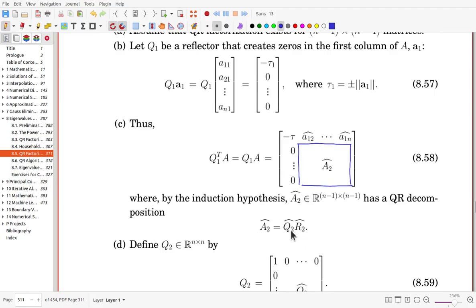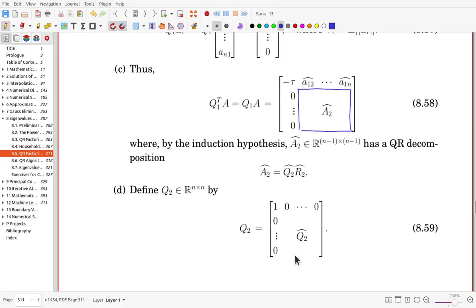Q2 hat is an orthogonal matrix, and R2 hat is an upper triangular matrix, right? Now Q1 has n dimensions, but Q2 hat has n-1 dimensions. So to match Q1 and Q2, we need dimension expansion from Q2 hat. So we add here 1, zeros, and zeros.